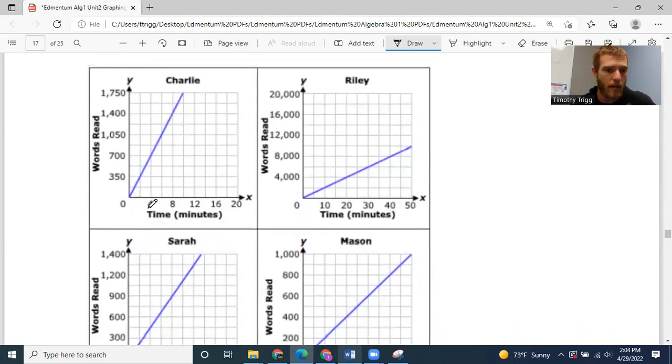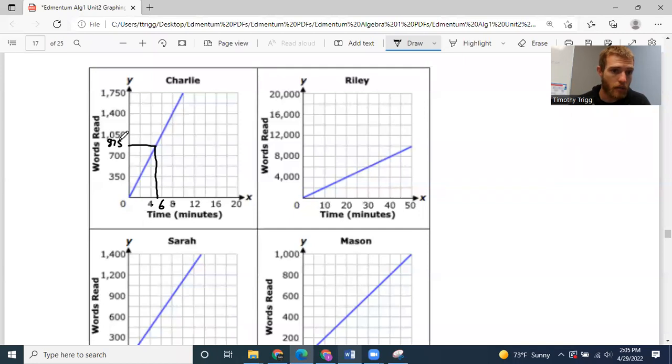So what would be the 5-hour progress for Charlie here? So 5 hours. So here's 4, here's 8. So 6 belongs here. For Charlie, 5 hours, you would have read, it looks like, what's between here? 1050 plus 700 divided by 2, 875.